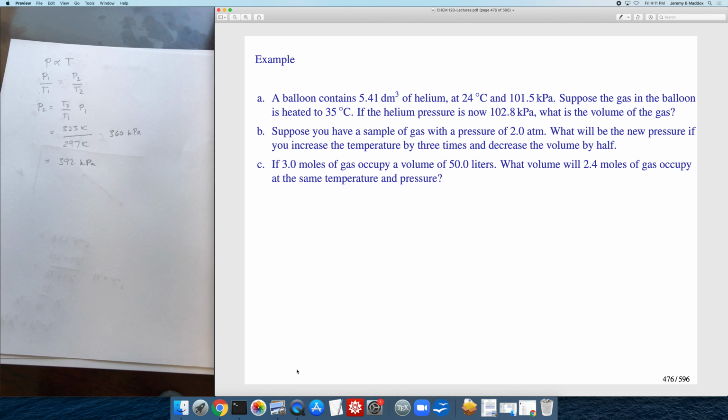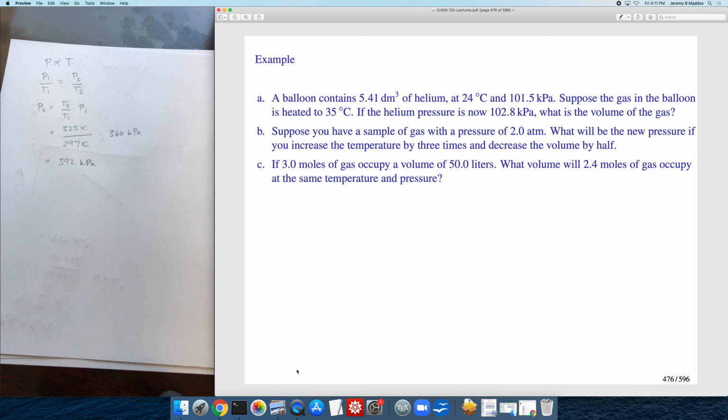And let's take a look at some of these questions. So here we've got a balloon. It's got 5.41 liters of helium, 24 degrees Celsius, and the pressure is 101.5 kilopascals. Suppose that the gas in the balloon is heated to 35 degrees Celsius, so the temperature is changing, and then the pressure also changes, 102.8 kilopascals.